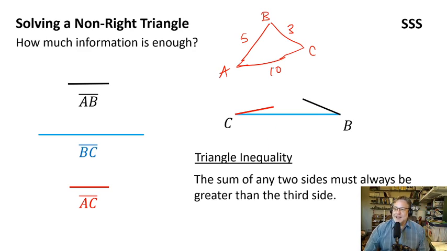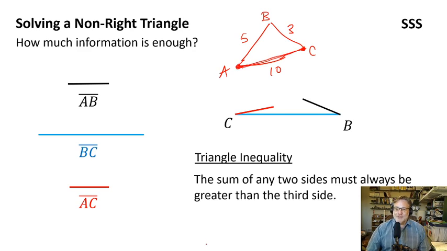The other way of seeing it is the shortest distance between 2 points is always a straight line. So the shortest distance between A and C should be 10. And yet if I go through B, which should be a longer distance, I only go 5 plus 3, or 8. So that violates the rule that the shortest distance between 2 points should be a straight line here.